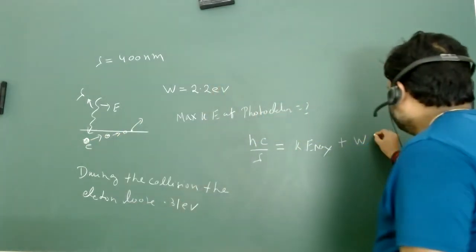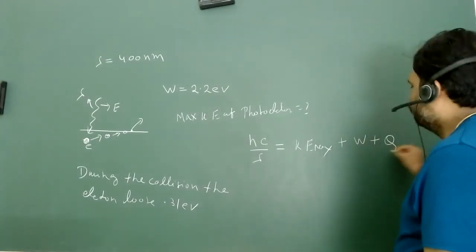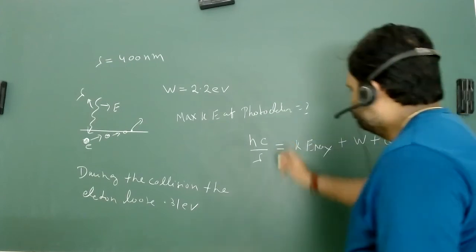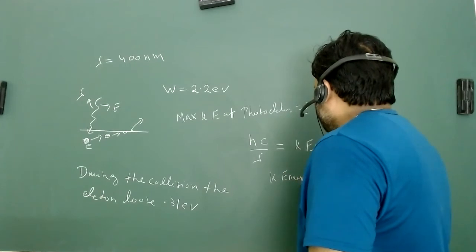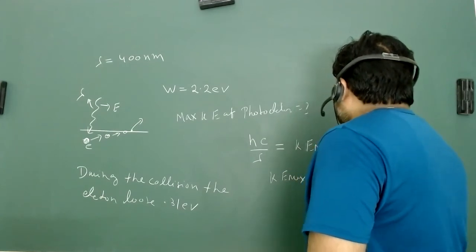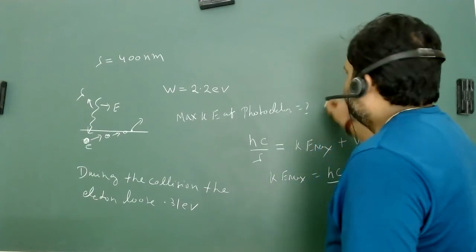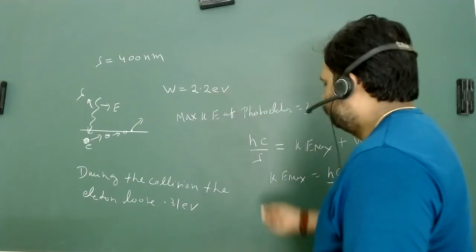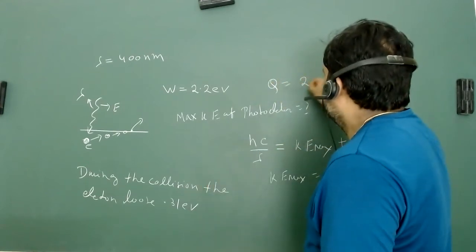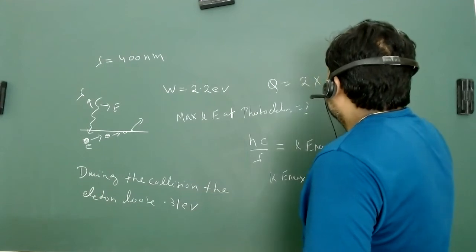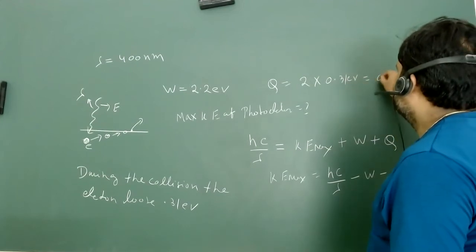I can use this value as Q. So this is the wasted energy due to collision. We have to calculate the maximum kinetic energy. That will be hc upon lambda minus W minus Q, and it is given that W is 2.2 electron volt. And what is Q? There are two collisions, so Q will be 2 into 0.31 electron volt.